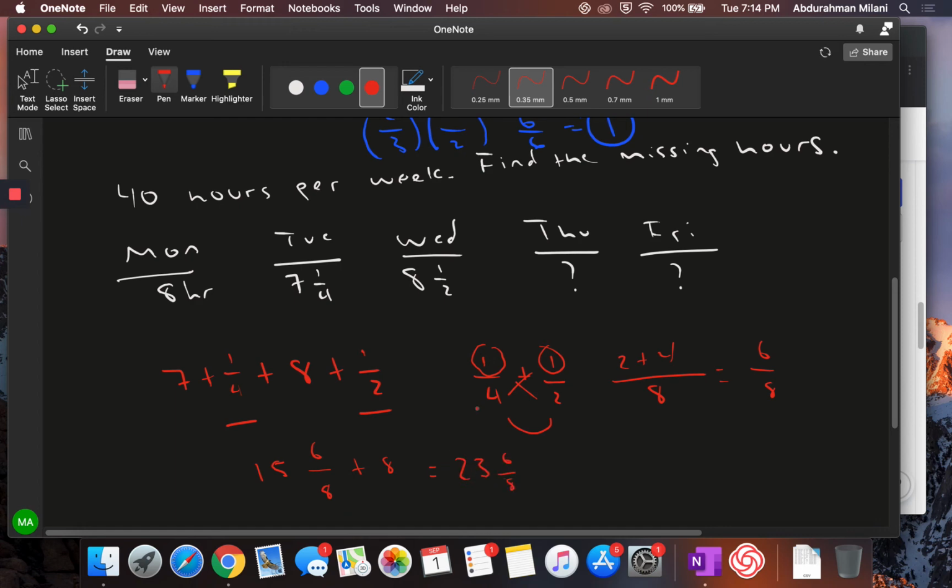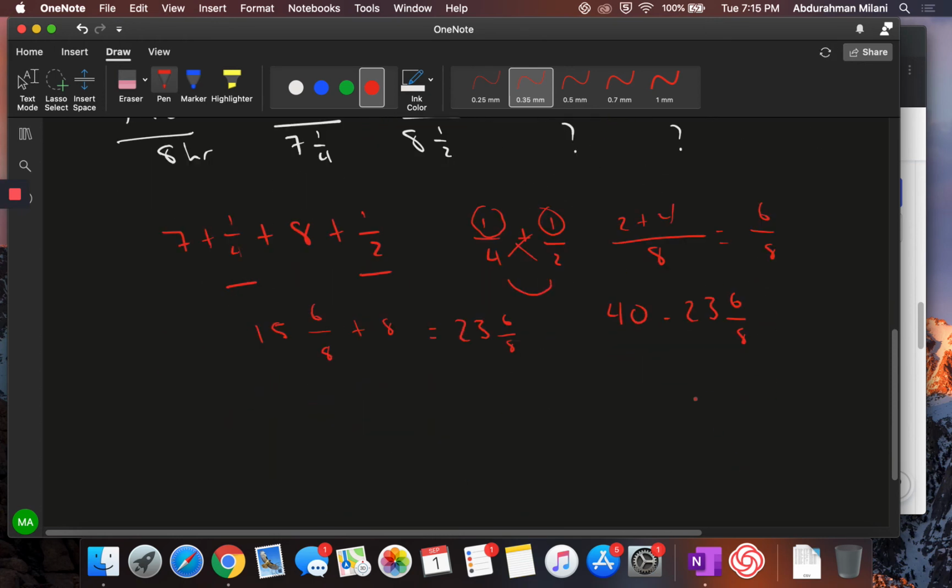Now we do the subtraction part. We're going to go ahead and subtract that from 40. So we have 40 minus 23 and 6 over 8. So let's go ahead and work this one out now.